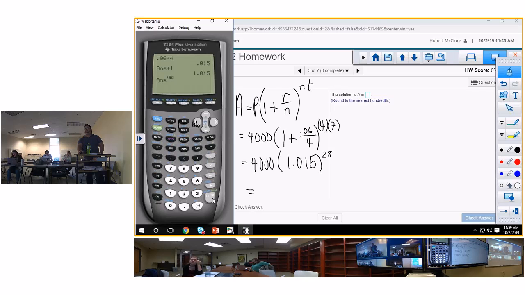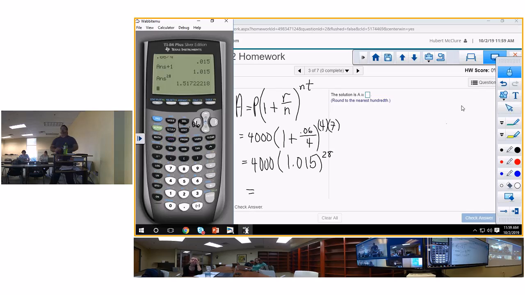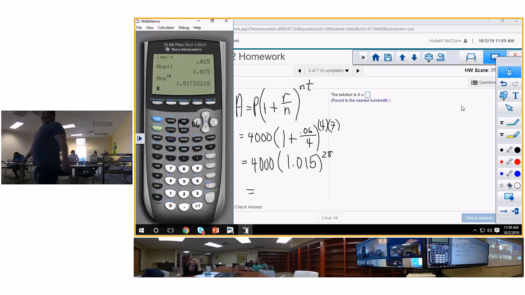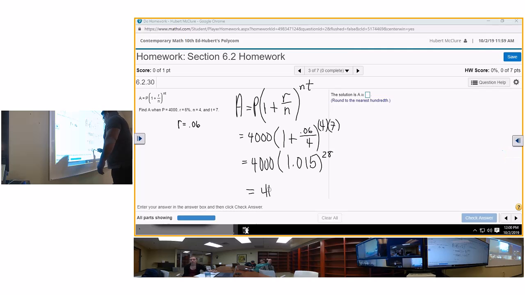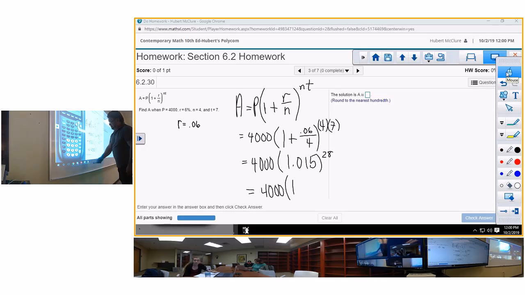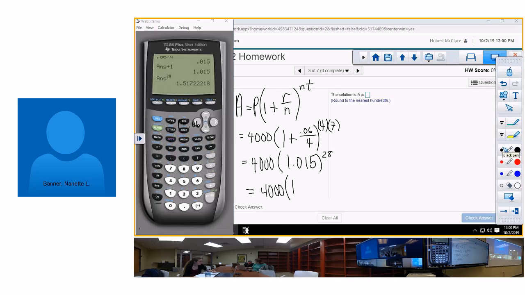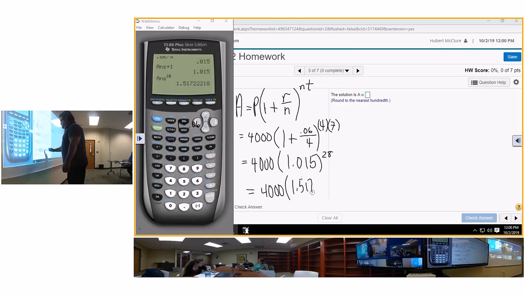And hit enter. And that's going to give us 1.51722 and so on.